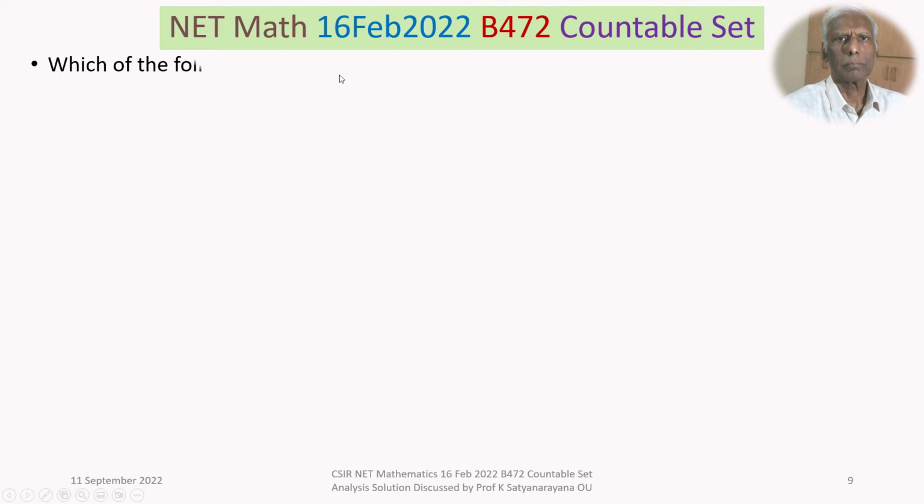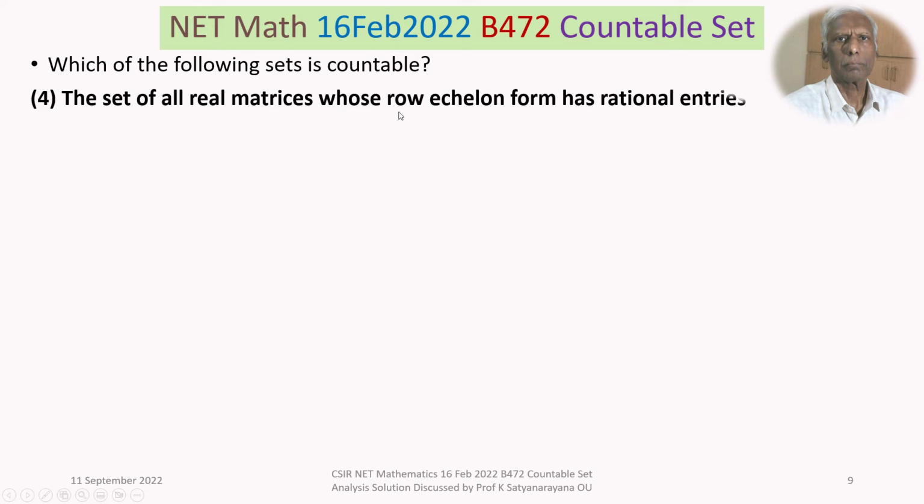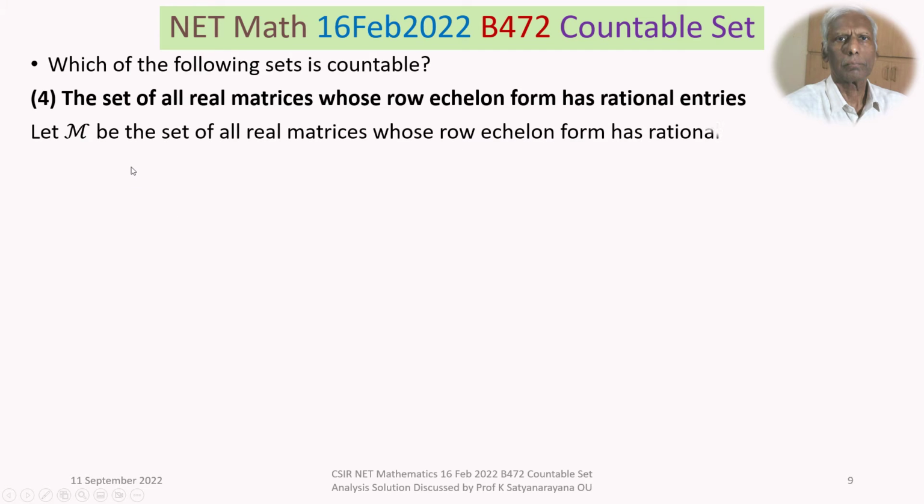We now go to the next option. Option 4. The set of all real matrices whose row echelon form has rational entries. Let script M be the set of all real matrices whose row echelon form has rational entries.